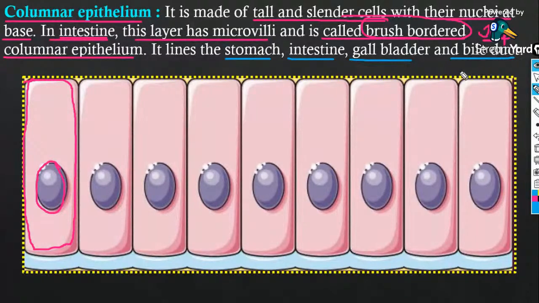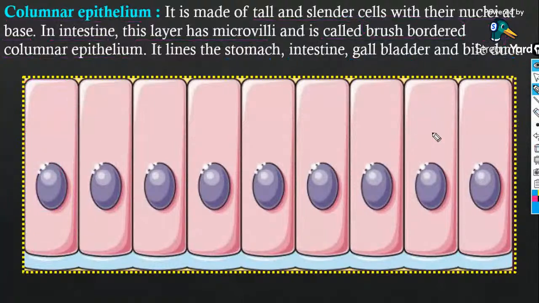Done? So guys, what are the three types of simple epithelium? Squamous epithelium, which is made of thin flattened cells associated with the function of protection. They are found lining the blood vessels and the walls of the alveoli of the lungs.